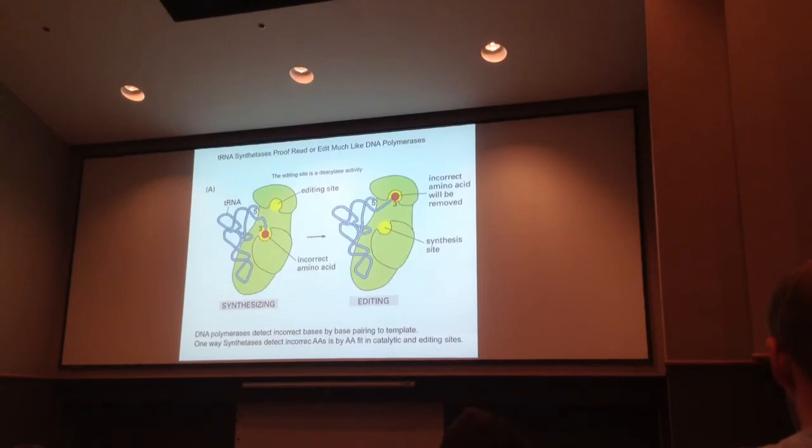So the aminoacyl synthetases also are a little bit like the polymerases, and they have two catalytic sites. They have a catalytic site where they put on the proper amino acid, but then they also have a site that edits it, or that removes the incorrect amino acid.